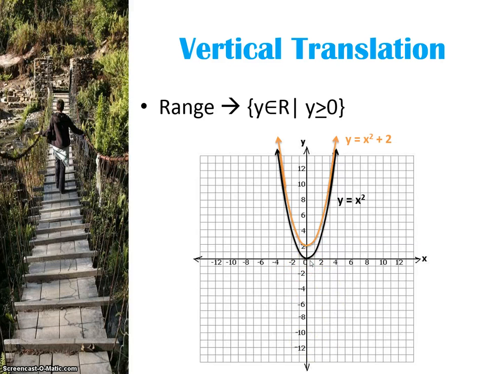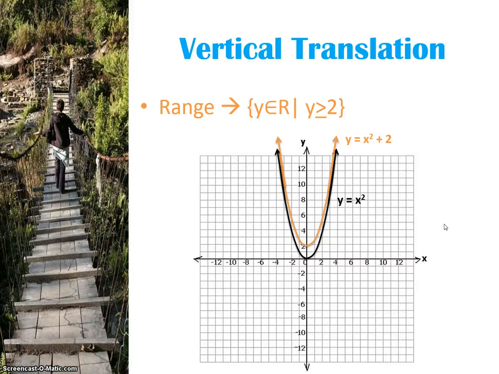So y belongs to all real numbers, but y has to be greater than or equal to 0. For the other one, the domain is all real numbers again, but since it's been shifted up 2, the range changes: y has to be greater than or equal to 2. Okay, so that's the review on parabolas.